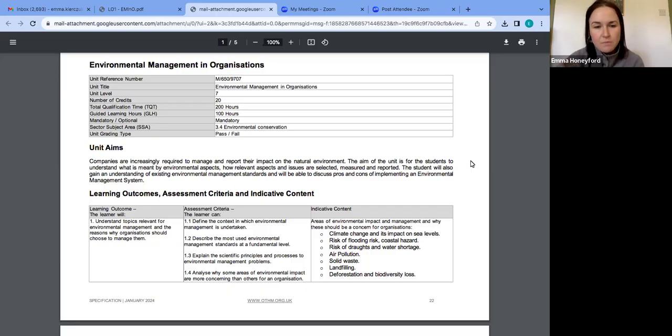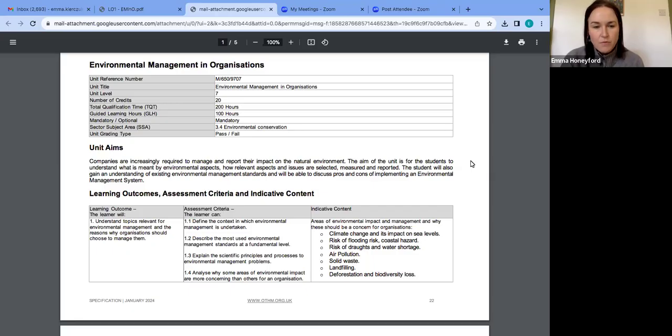So 1.3, and Dahlia, if you have any questions, please just interject. That's absolutely fine. For 1.3, you have to be able to explain the scientific principles and processes behind environmental management problems. We know from the previous modules that the science has implications for how we develop these environmental management systems, so having an understanding of the science is important.